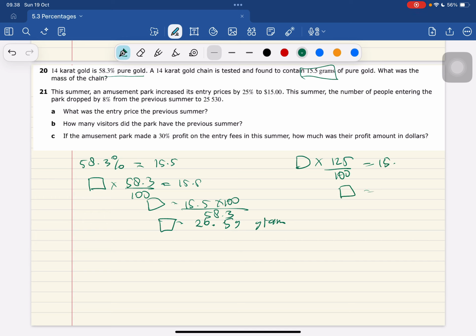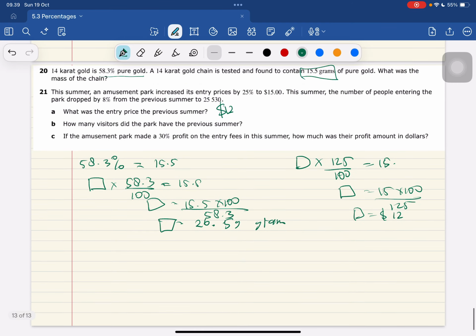So the price is 15 times 100 divided by 125. So the price before the increase was $12.